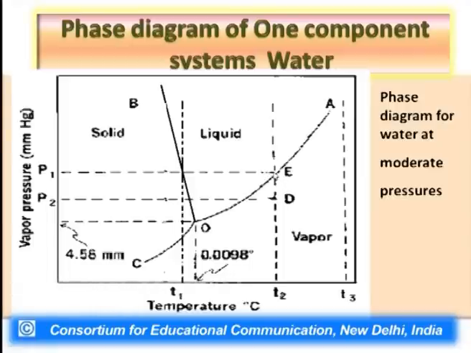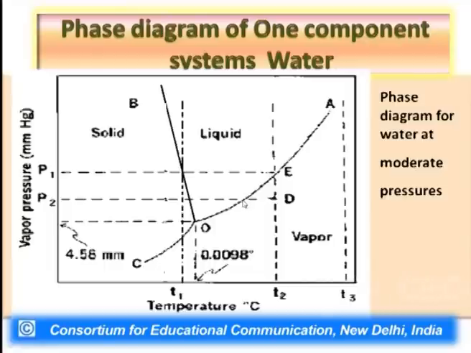So, it means if you change the pressure of the system from P1 to P2 and accordingly the system tries to go from point E to point D, then automatically the system will try to adjust itself by way of vaporization, so that its temperature also gets decreased and ultimately reaches a point on curve OA.